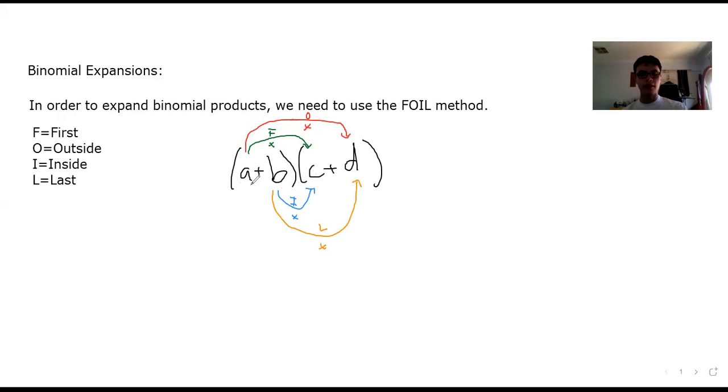So basically, in summary, first of all, we start off by focusing on this A, and then we multiply by the first term in the second bracket.